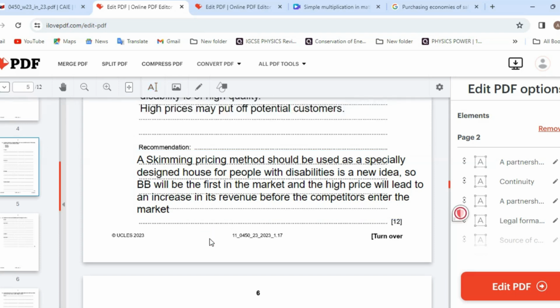Yes, that is the recommendation on price skimming.